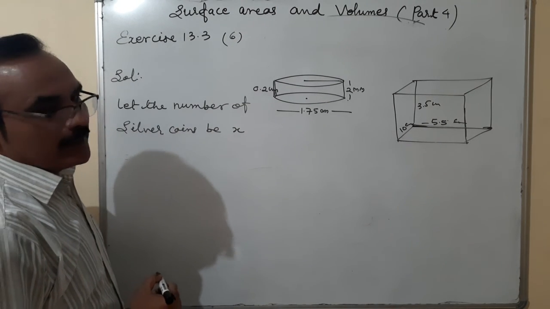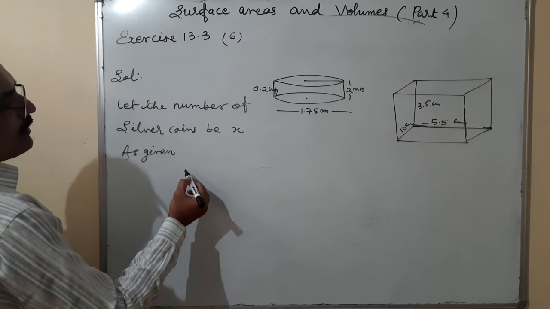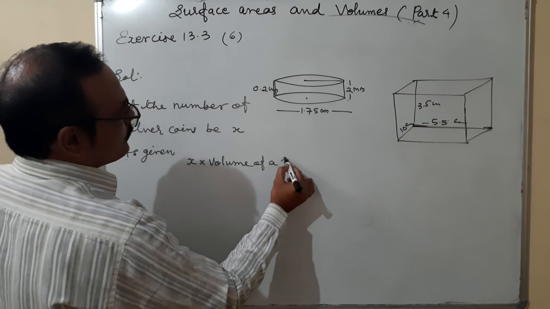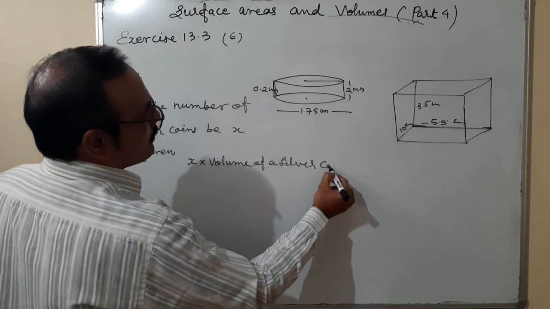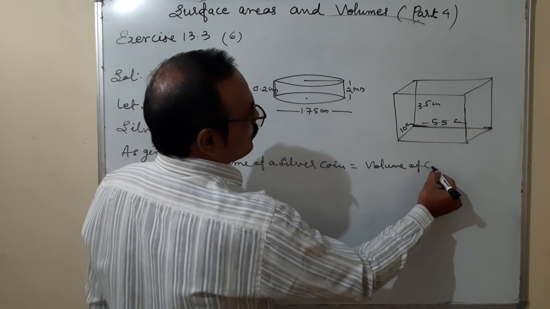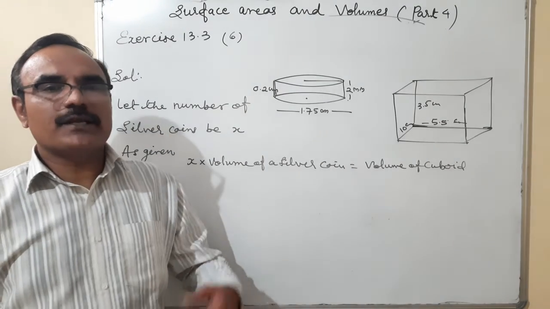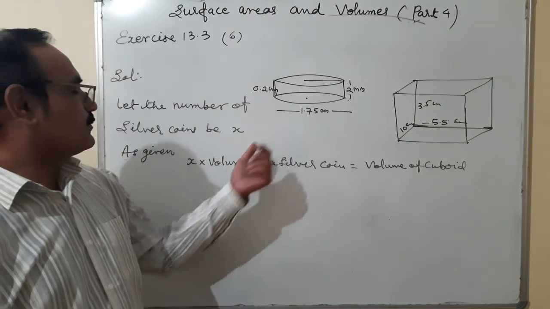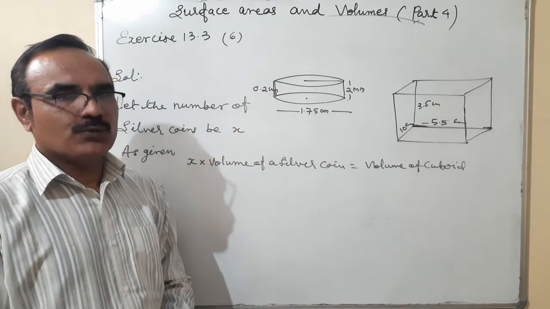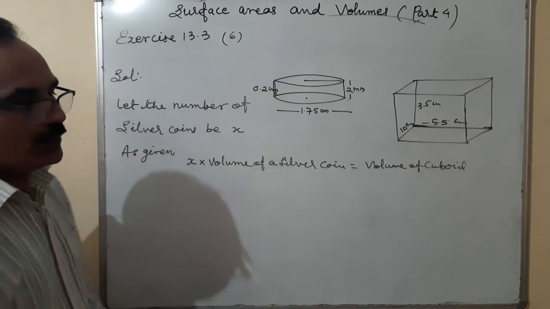As given, x multiplied by volume of a silver coin is equal to volume of cuboid. Is that okay? Because we don't know how many silver coins are melted and recast into the shape of a cuboid. Suppose x silver coins we have taken, they have melted and recast into the shape of a cuboid. So x multiplied by volume of silver coin is equal to volume of cuboid.